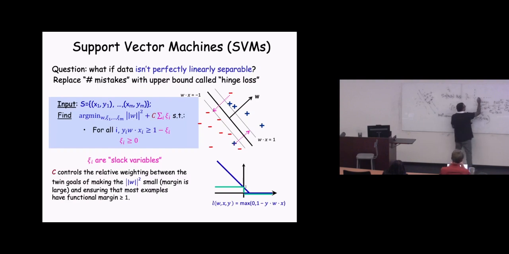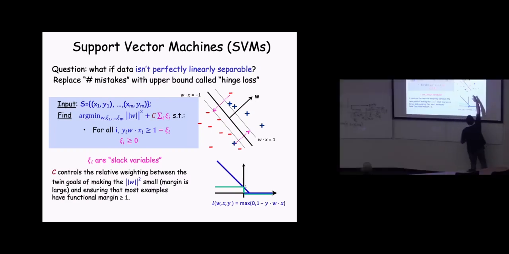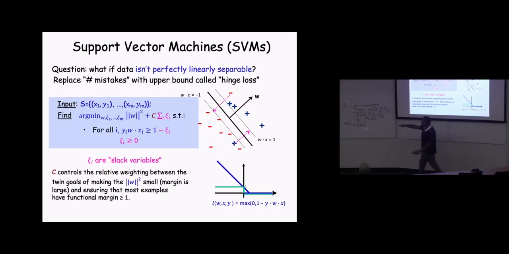So if this is yi w xi, for all the points that are greater than or equal to 1, your loss is 0. There is no loss. That basically means every point you have is maximally separated by gamma.